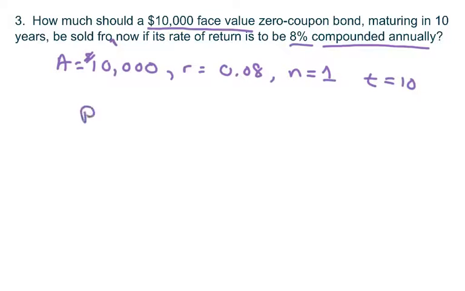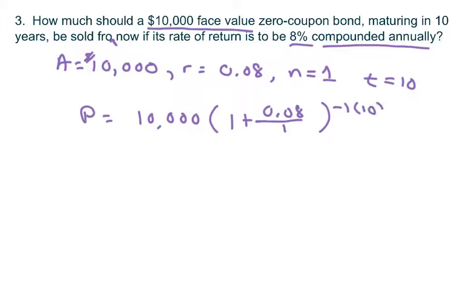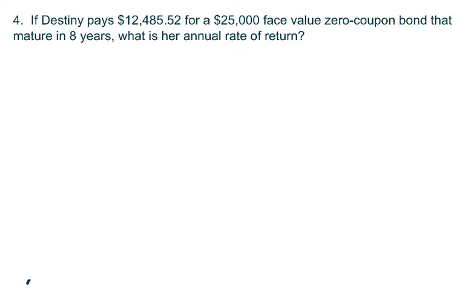So P equals 10,000 times 1 plus 0.08 over 1, to the power of negative 1 times 10. And this gives you approximately $4,631.93.